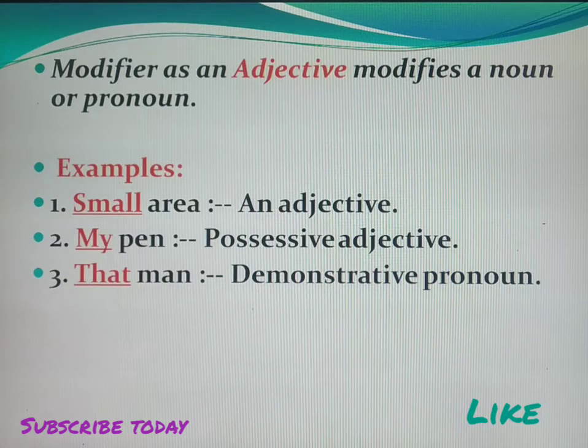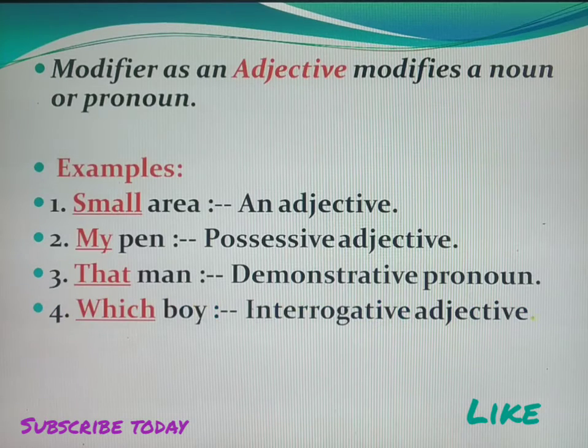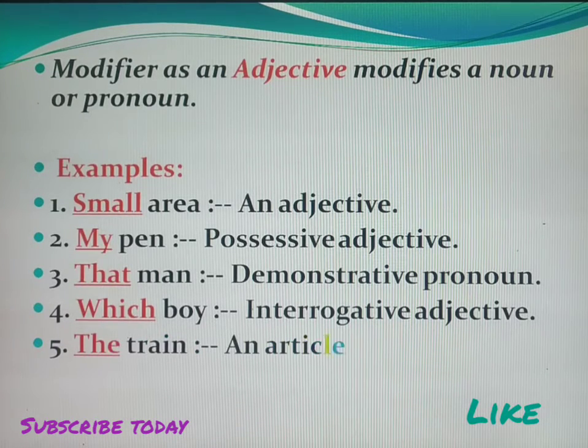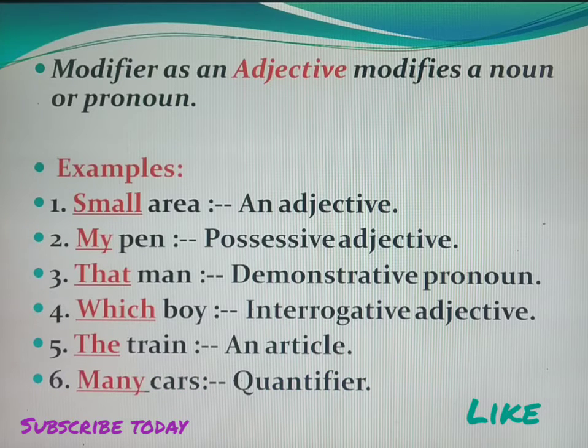That is demonstrative pronoun functioning here as modifier. Which boy, which is interrogative adjective functioning here as modifier. The trend, the is article and here functions as a modifier. Many cars, many is quantifier and it is used here as modifier.